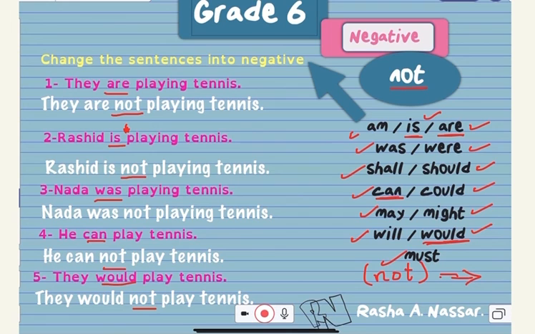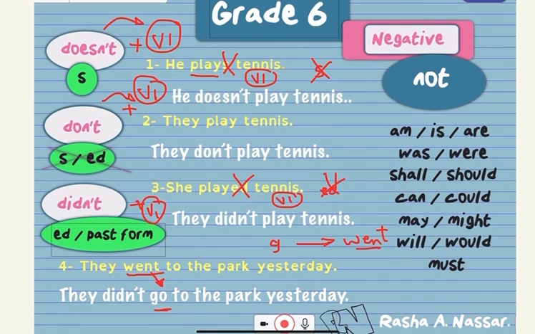So again, if you see the verb with S, only one verb with S, you will use doesn't followed by V1. What is V1? V1 is the verb without S, without ED, and without ING.